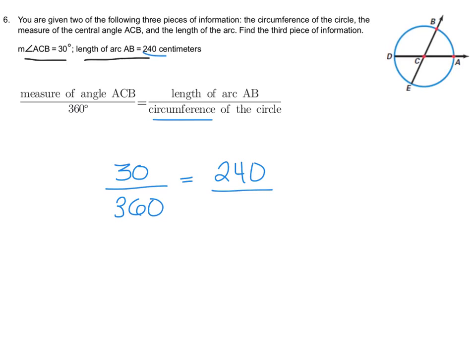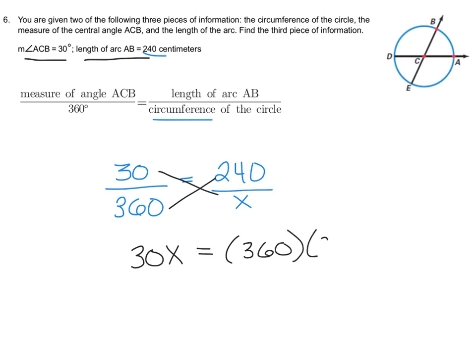So we'll call that X. Now we're going to cross multiply to solve. So 30 times X equals 360 times 240. 360 times 240 is 86,400.